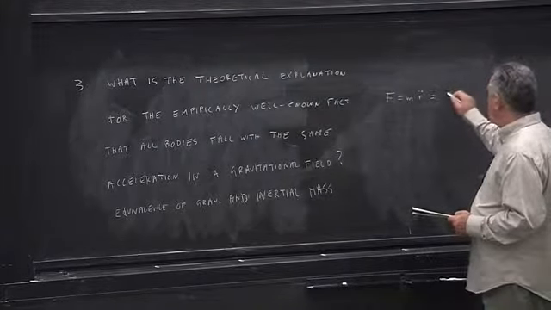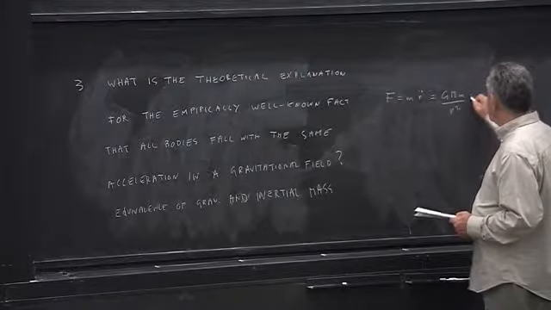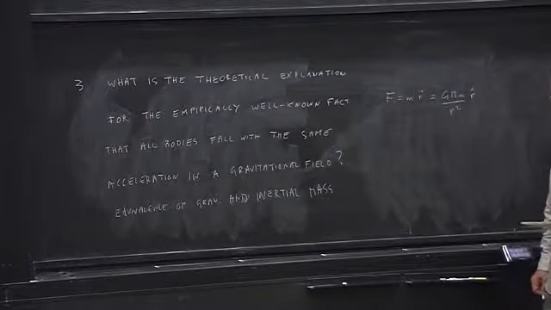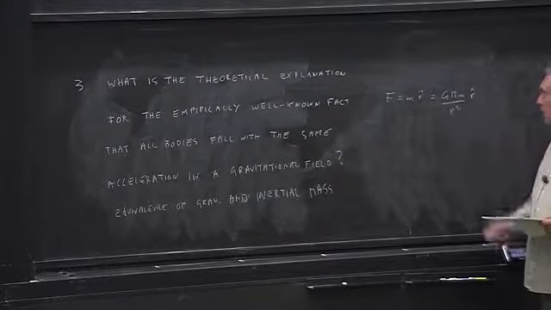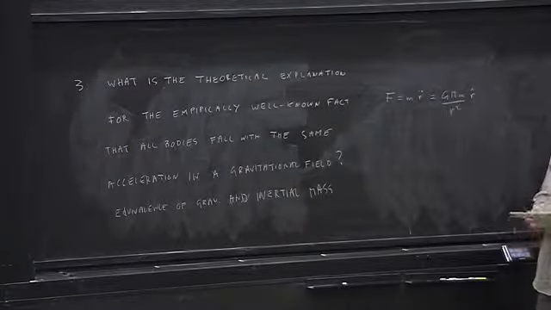And in gravity, the force between a body of mass big M and another body of mass little m is GMm over r squared, the inverse square law.